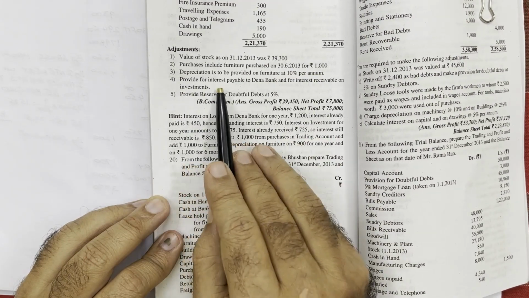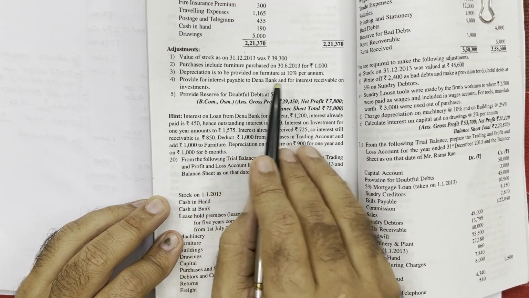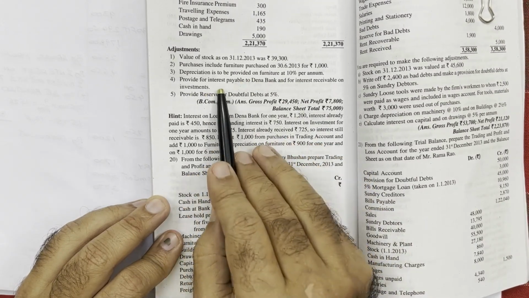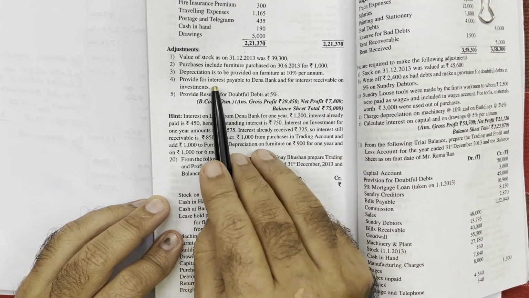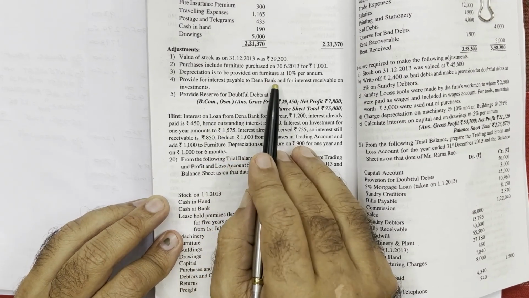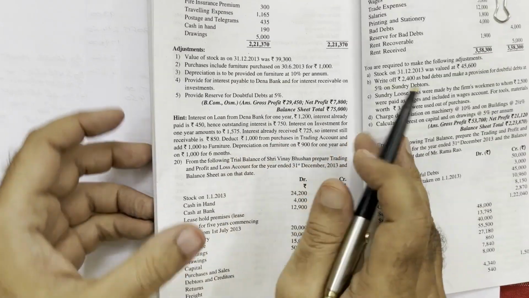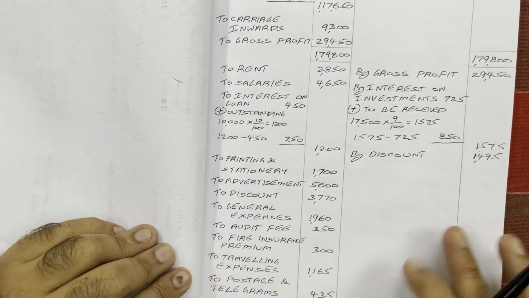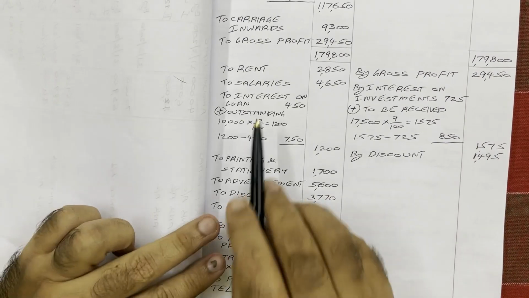Fourth one, provide for interest payable to Dena Bank and for interest receivable on investments. These two we now have to show in the balance sheet. See, interest payable, outstanding interest. We have taken a loan and on that we have to pay interest. This is a liability, no? We calculated that in the profit and loss account, debit side.